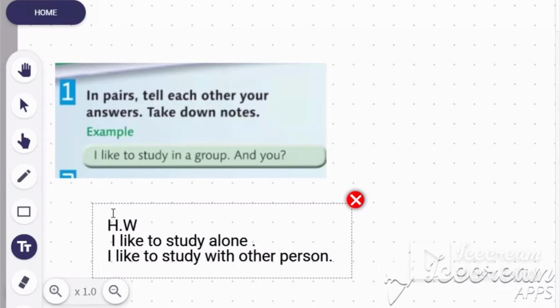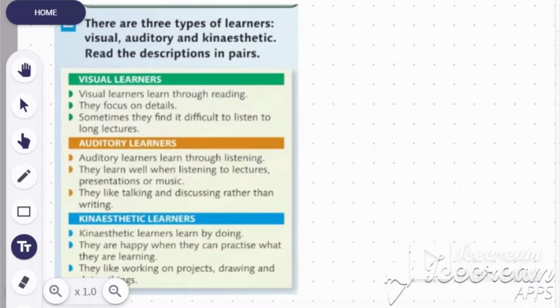Okay, now we will go to this page. Exercise number 2. There are 3 types. Look at the exercise.